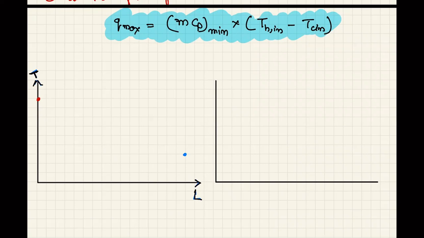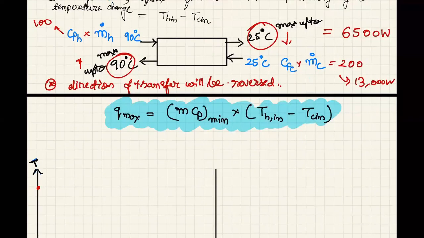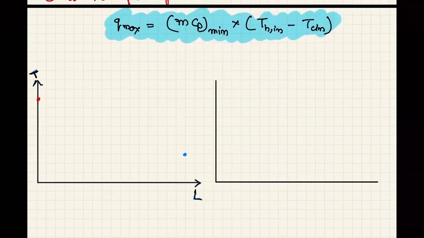So epsilon is your Q by Q max, where Q max is given by the formula highlighted in blue.